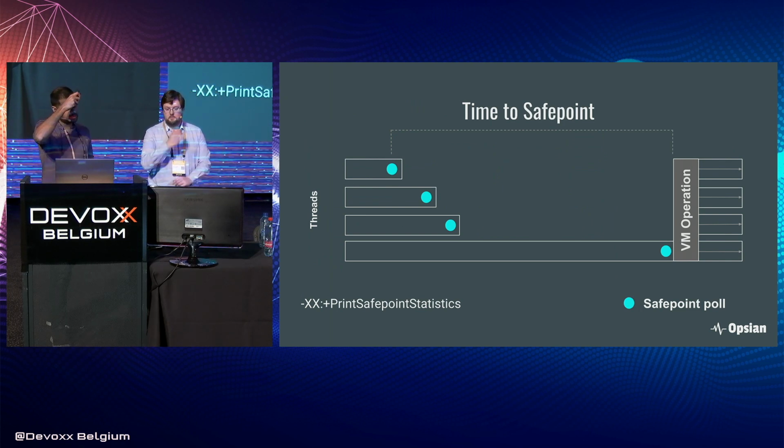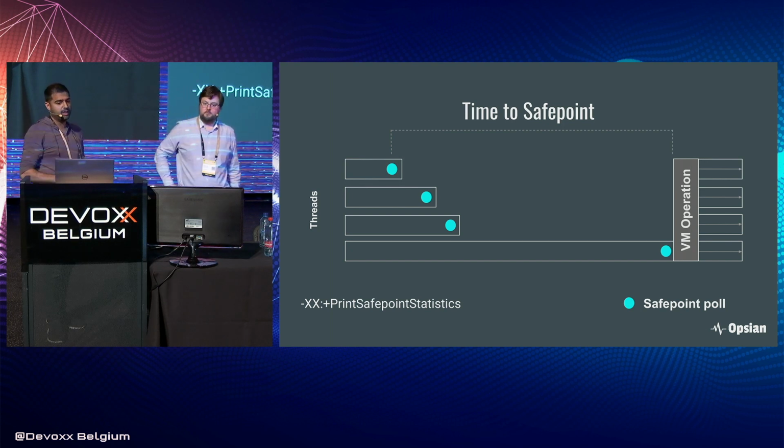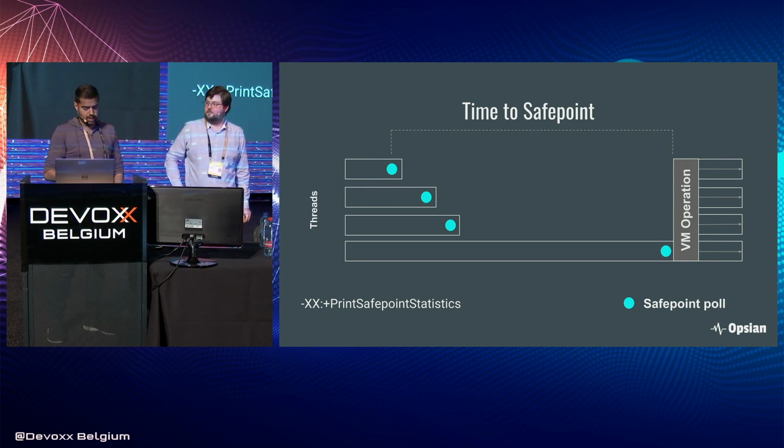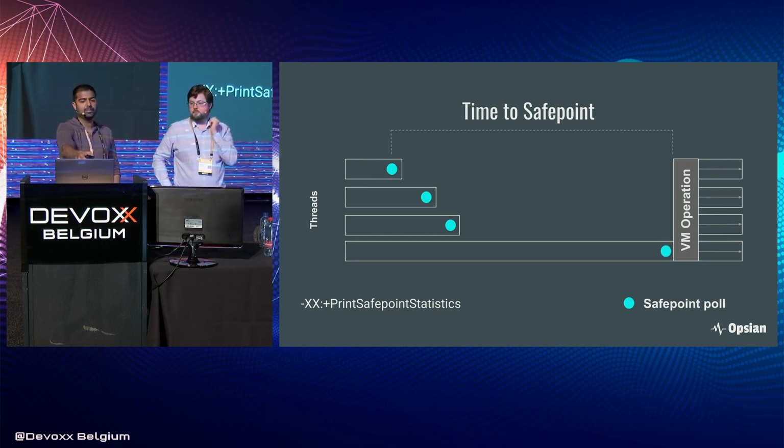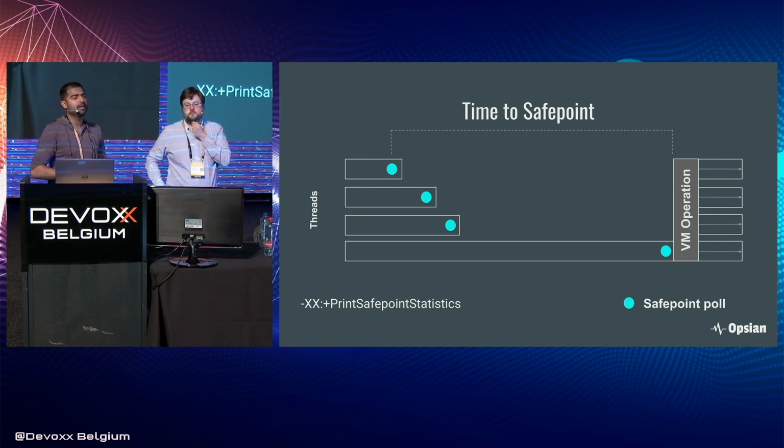So this is a diagram. We've got a system here with 4 threads, and in the first thread we hit a safe point poll. So we decided that we want to trigger a safe point. Right? These threads are executing. In the first thread we hit the first safe point. Then very quickly after that, we hit the safe point in the second one and the third one.